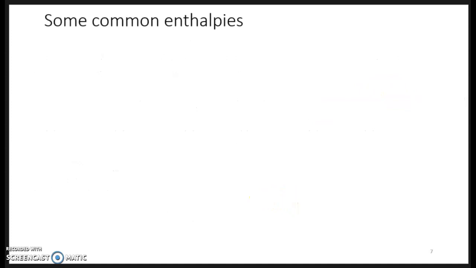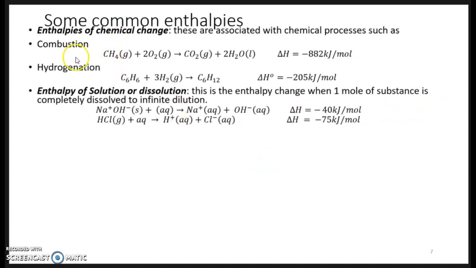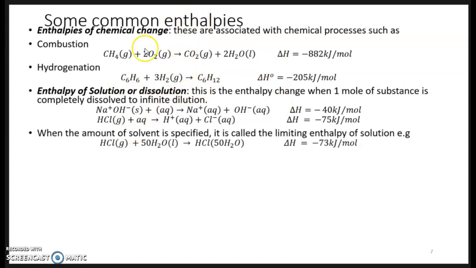Enthalpies are often labeled by what they represent. For example, the enthalpy of combustion for a combustion reaction, the enthalpy of hydrogenation for a hydrogenation reaction. So enthalpies are labeled based on the nature of the reaction.